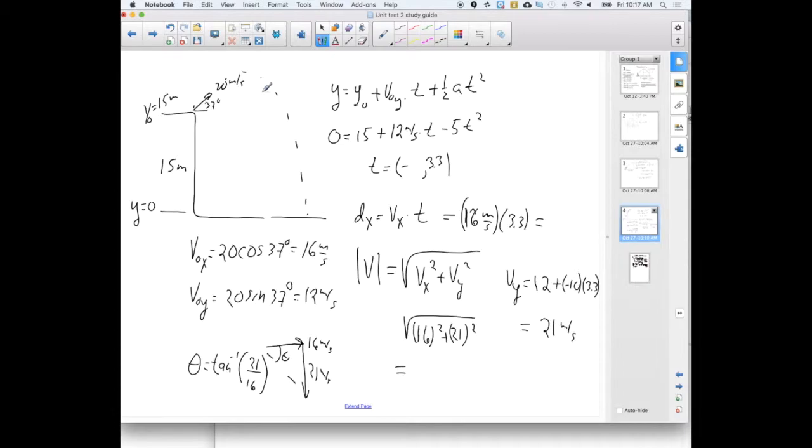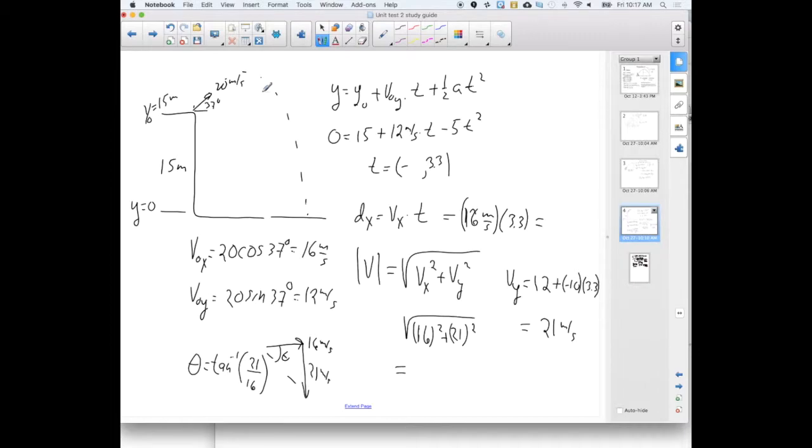Just repeat the question one more time. Should we use negative 21 meters per second for the y velocity or positive? So I drew that angle, so I would probably stick with positive 21, but know that I was below the x-axis.